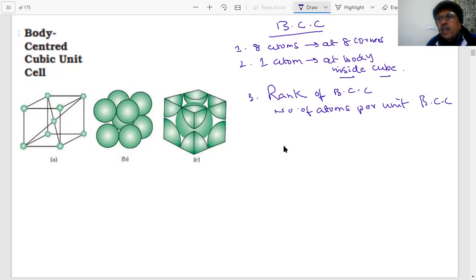So what will be the value of that number of atoms per unit BCC?